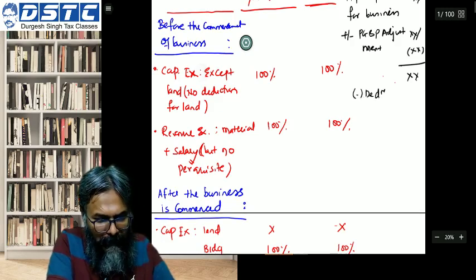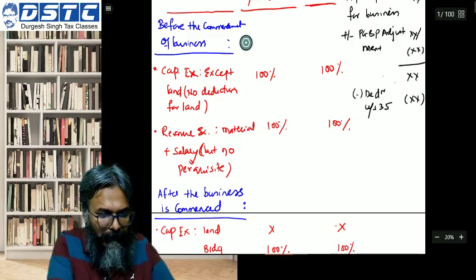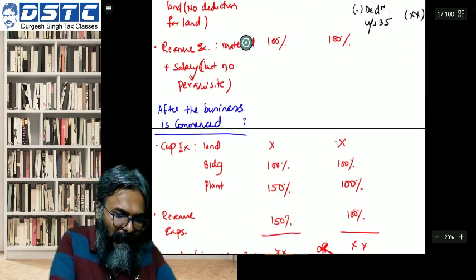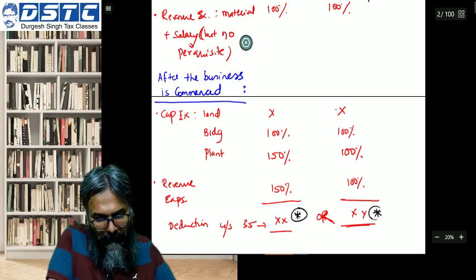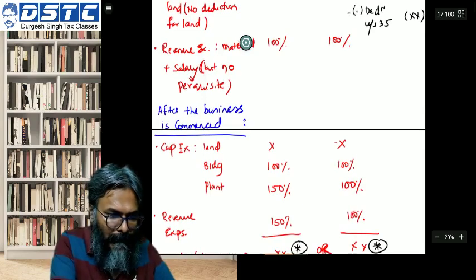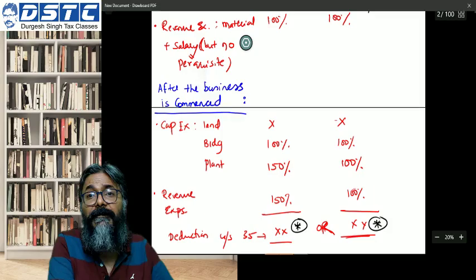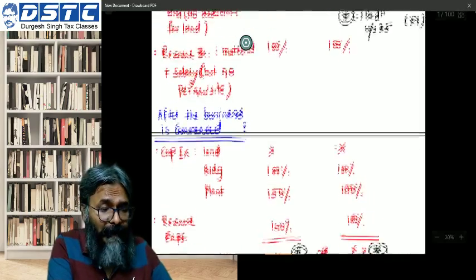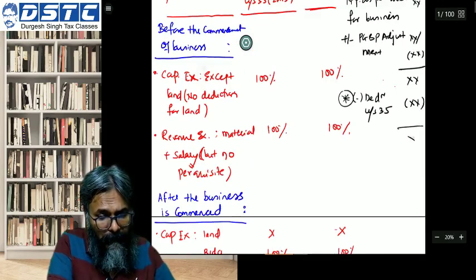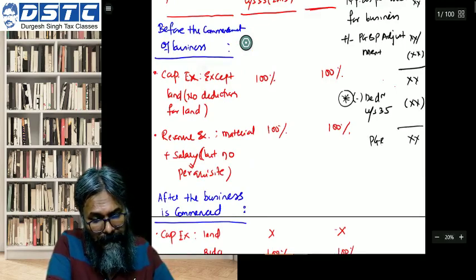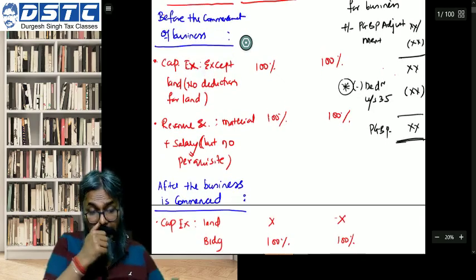The deduction under section 35, which is the final number I have already totaled. Once you get this deduction under section 35, you will get finally what? PGBP.